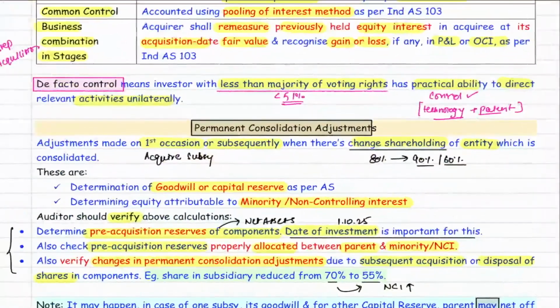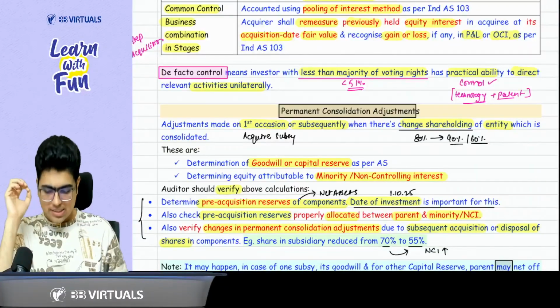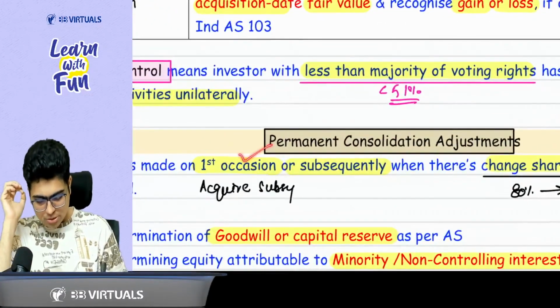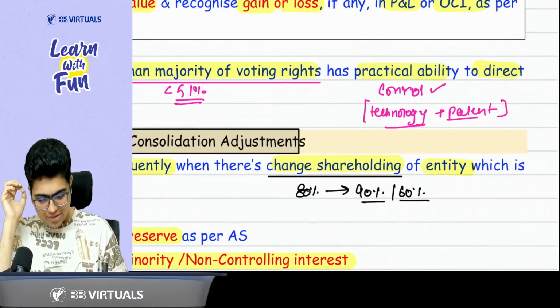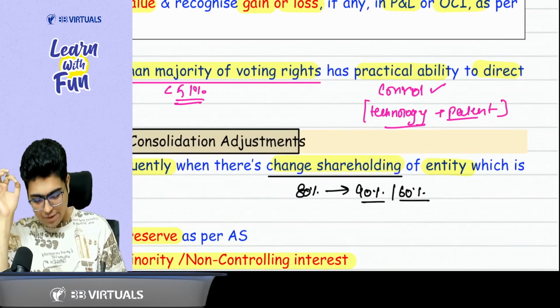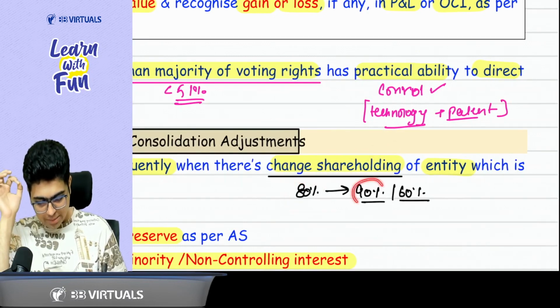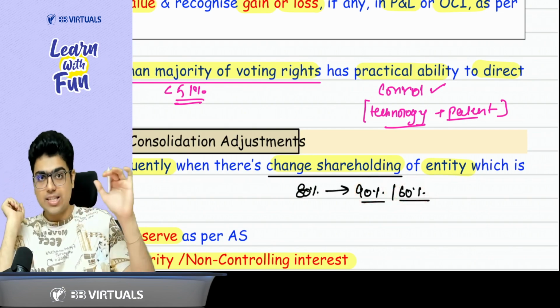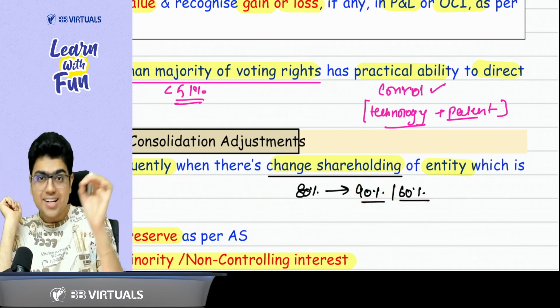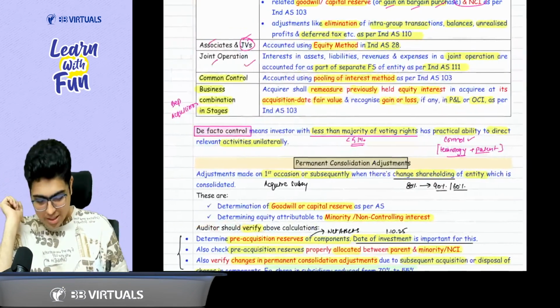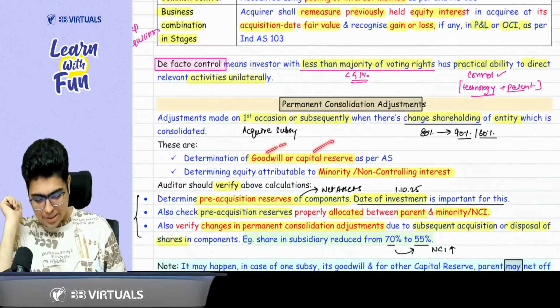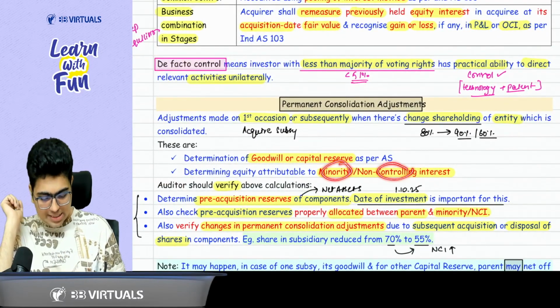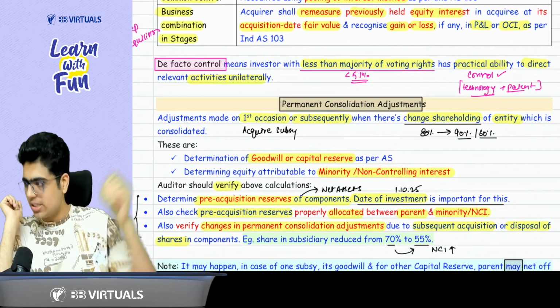Very easy points. Permanent consolidation adjustments are the adjustments made on the first occasion or subsequently whenever there is a change in the shareholding. If your share in the subsidiary has gone from 80% to 90% or 80% to 60%, it will lead to a change in NCI, and this is a permanent consolidation adjustment. Goodwill or capital reserve is a permanent consolidation adjustment. Minority or NCI calculation is a permanent consolidation adjustment.